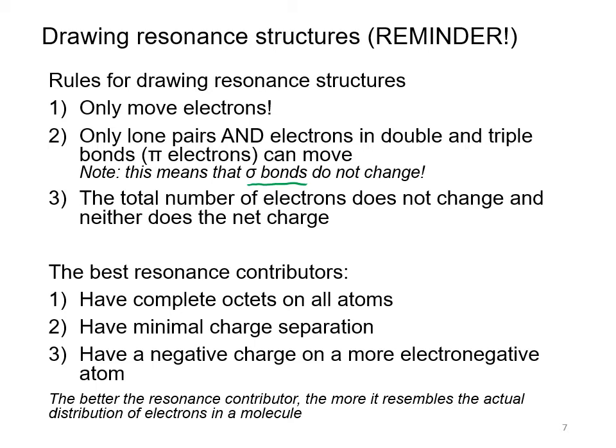And best resonance contributors have complete octets, if possible, right? Sometimes, for example, carbocations do not have complete octets, and there's nothing you can do about it. They also have minimal charge separation, right? So the fewest number of charges, or of charged atoms.